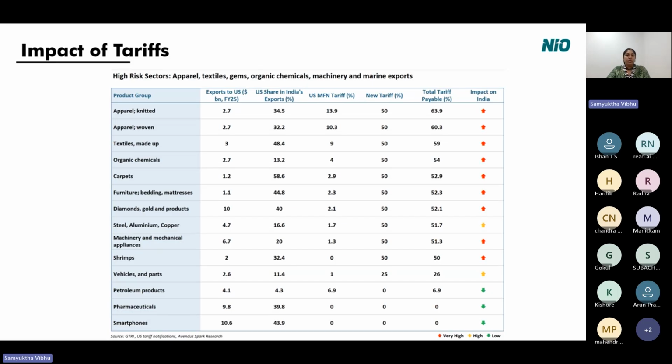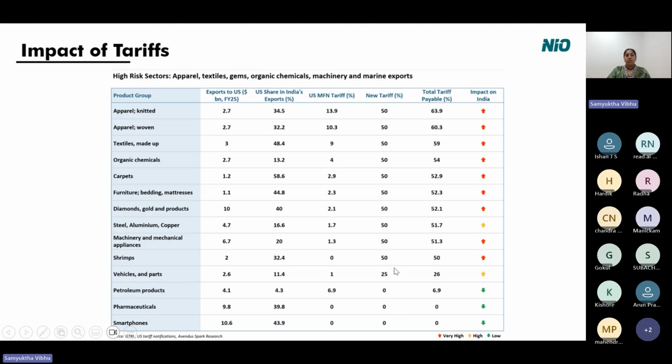So this will make it unviable for the textile sector to really export to the US, because you can't compete in that market. Your goods are going to be priced too high. Whereas, like I mentioned, petroleum products and pharmaceuticals are kind of completely exempt from the new tariffs. So this is really not going to add anything here, and it's going to keep you competitive in that segment, right?